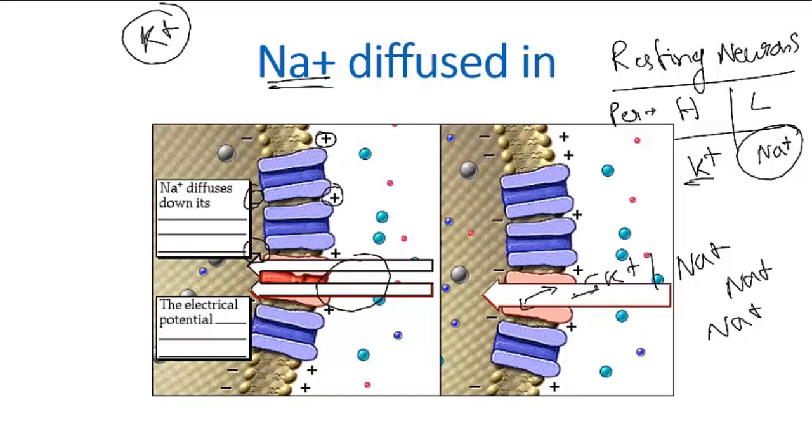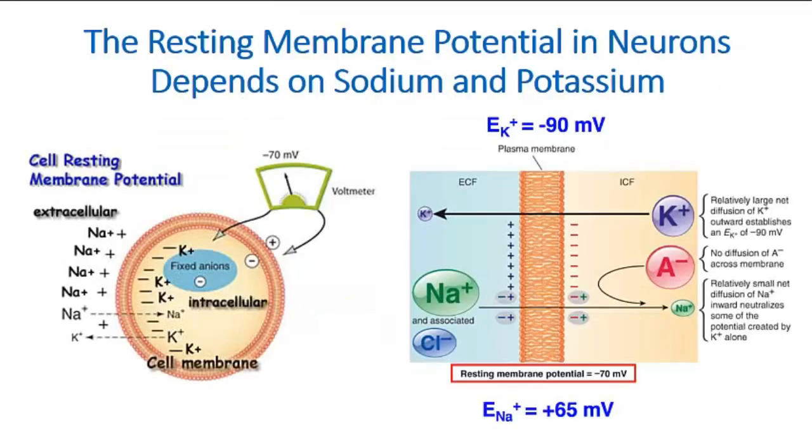So we see the electrochemical gradient is very high for both sodium and potassium. That will rush the sodium and potassium inside the cell. This electrical gradient drives the sodium. Now if you think of the resting membrane potential caused by both potassium and sodium movement, then what will we find out?